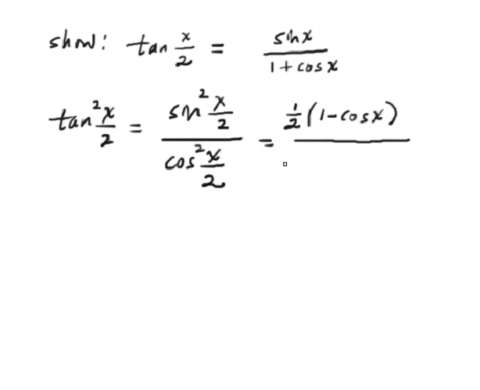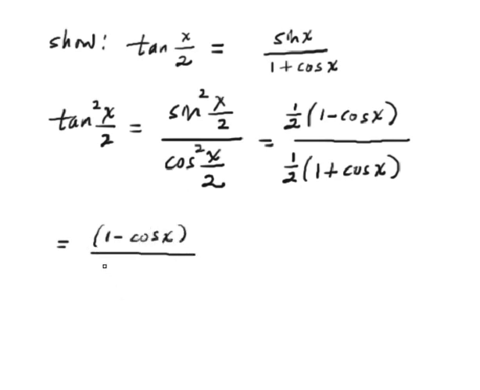And here cos squared x over 2 is 1/2 times 1 plus cosine x. So let me rewrite this. The 1/2s cancel, and we have 1 minus cos x over 1 plus cos x. And we're going to multiply top and bottom by 1 plus cosine x.